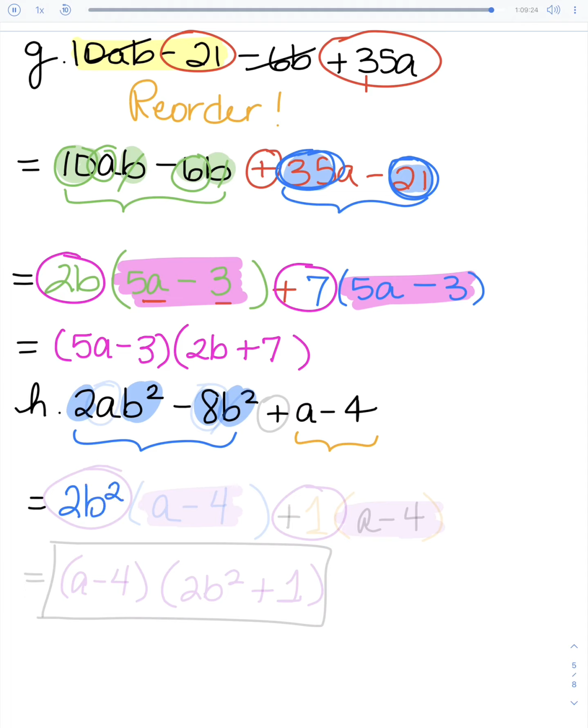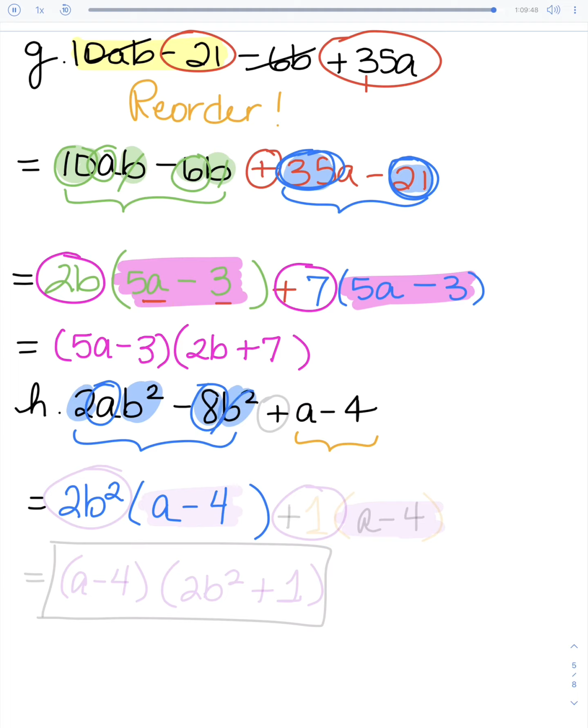So what's going to be left over when we factor out the 2 and the b squared inside of our parentheses? Well, if we pull out a 2 and a b squared from the first set, we'll still have an a. Then factoring the 2 into the 8 will leave us with a minus 4. Pulling out the b squared means the b squared will just be gone.